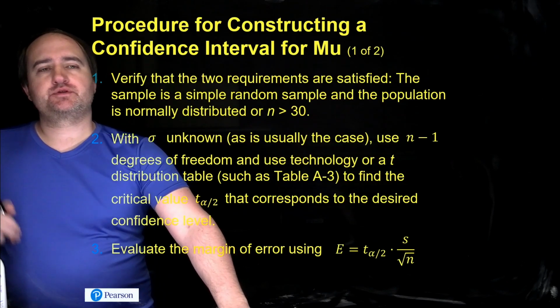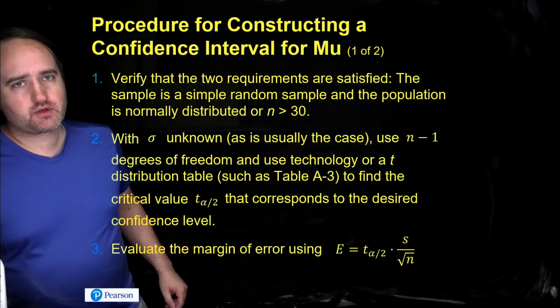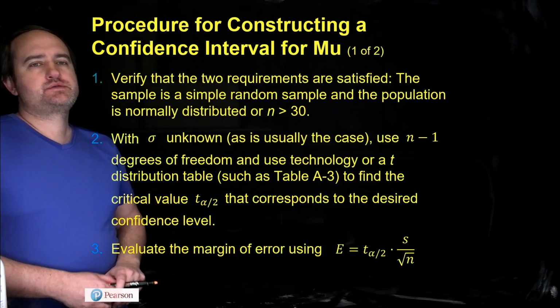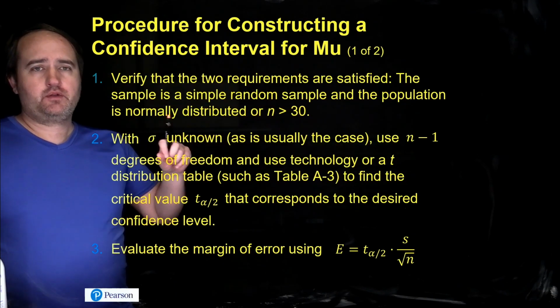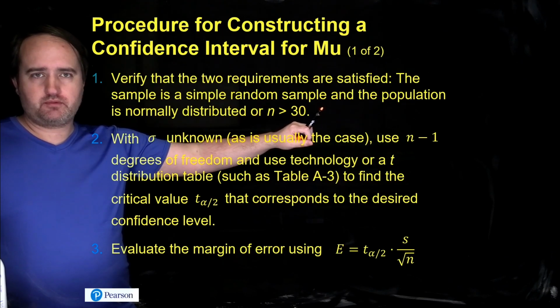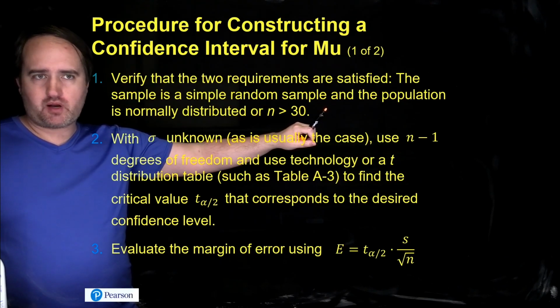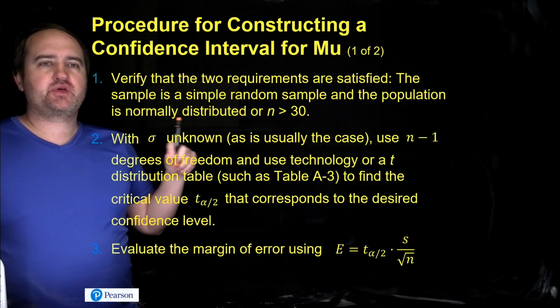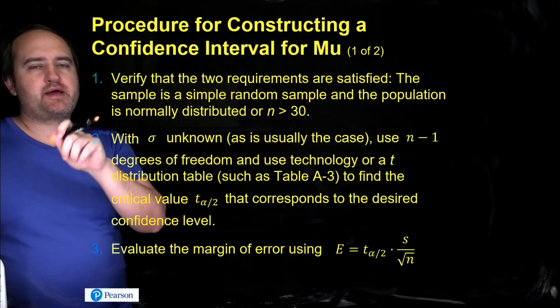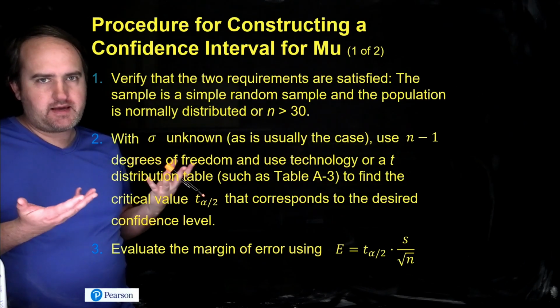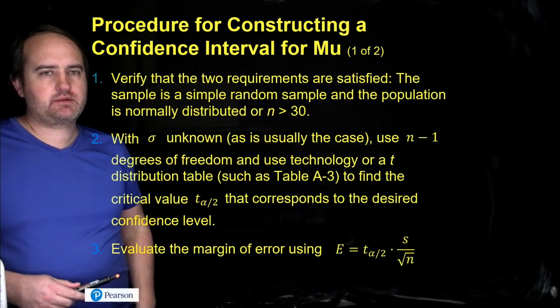So even if that was a lot and you didn't understand all of that, these problems aren't actually too bad. Okay, so as long as the two requirements are satisfied, the sample is a simple random sample, which all of your homework, quizzes, and exam problems will be, and the population is normally distributed or n is greater than 30, this will automatically be the case in your homework, quizzes, and exams.